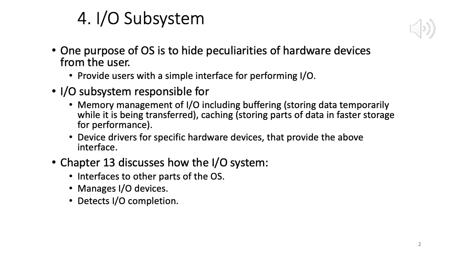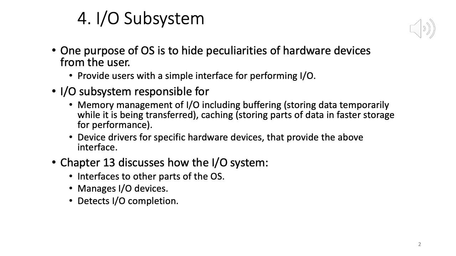So the IO subsystem is responsible for memory management of IO, including buffering. This we already looked at. The rate at which IO happens is quite slow, and the rate at which the CPU is executing is very fast. So to store data, we definitely need buffers.